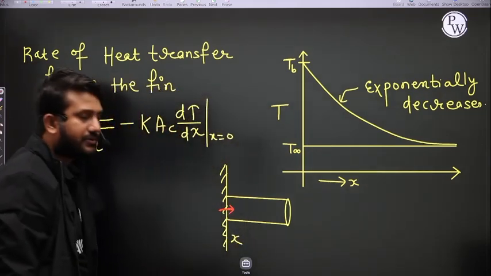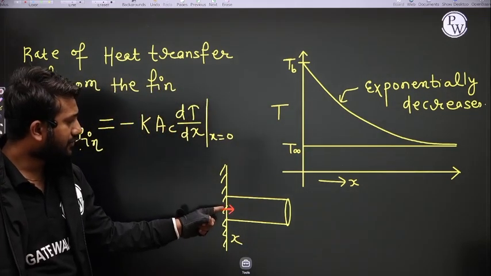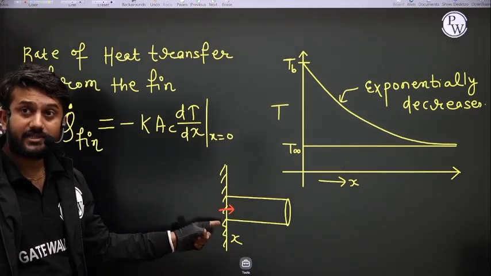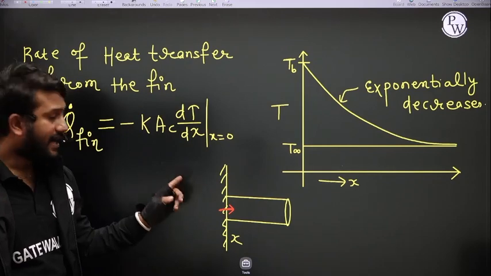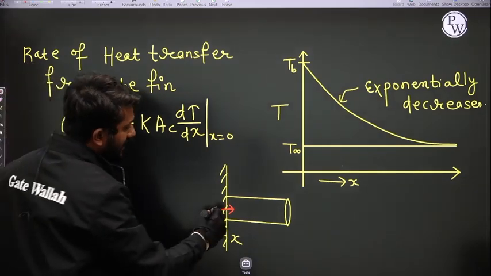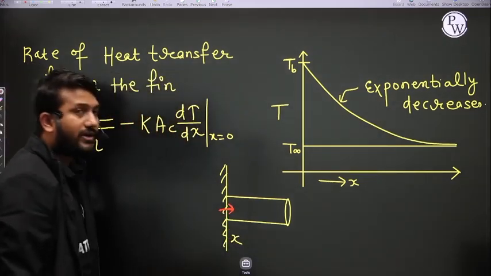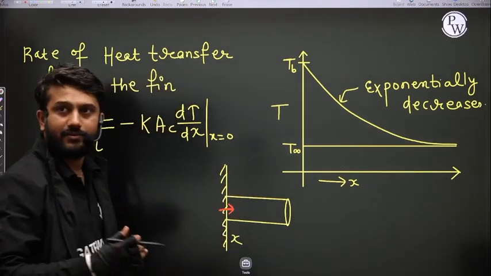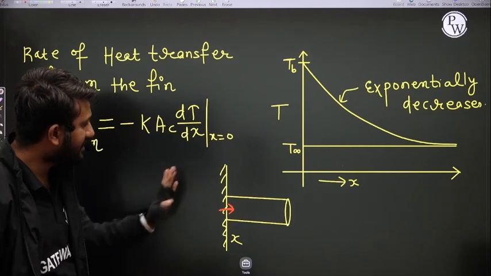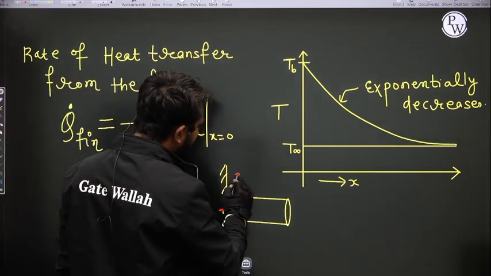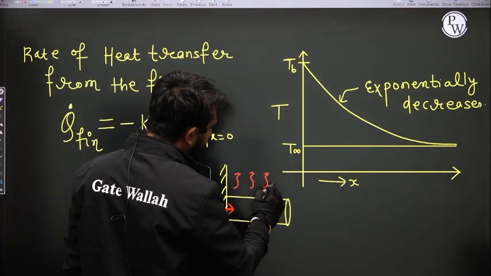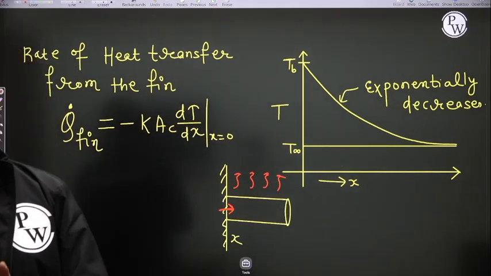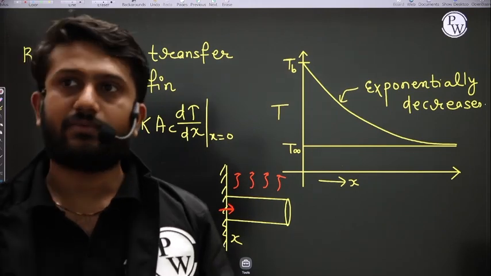Whatever the conduction is here at x is equal to 0, the same heat energy is equal to the convection heat transfer, and that convection heat transfer is nothing but the heat transfer from the fin only.